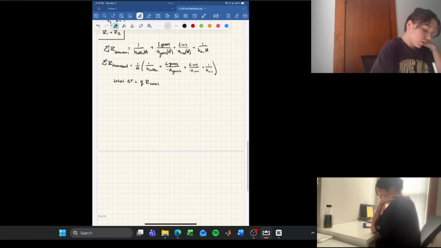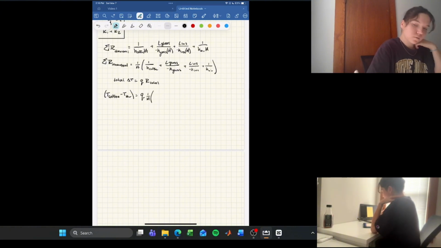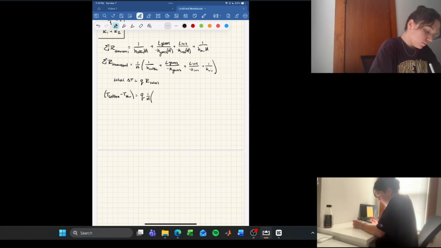So for this, the total change in temperature is from the temperature of the coffee all the way until the temperature of the air, which is equal to the total heat flux times 1 over the area and then times the total resistance.